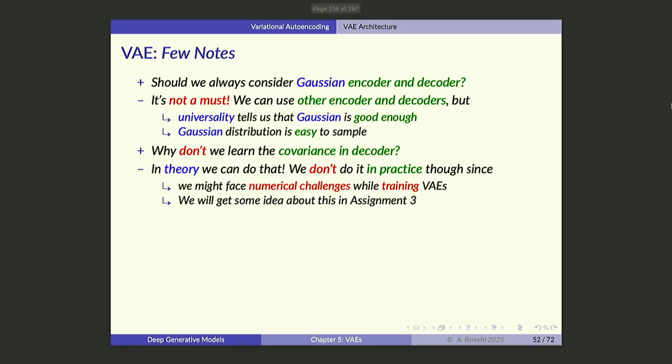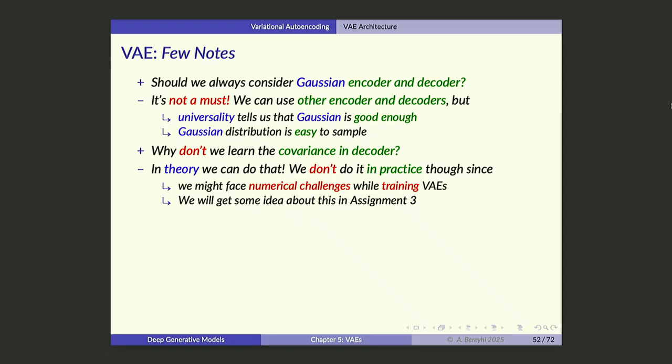The other point that you might ask me is that when I am doing encoding, I am learning both mean and covariance, right? When I am doing decoding, I'm only learning the mean. I'm not learning covariance. Again, this is not a must. You can also learn the covariance at the decoder. But this is not a common thing in practice.